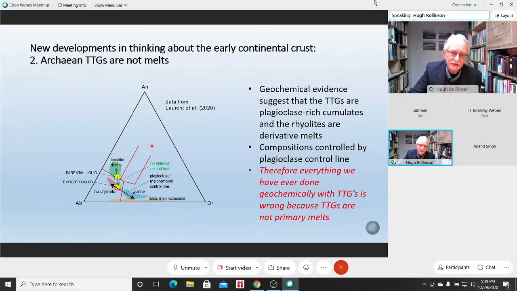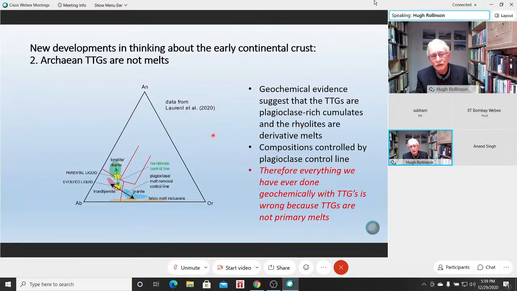The implications of this finding are that any TTGs that we look at may not be primary melts. In other words, they are derivative liquids representing plagioclase accumulates or hornblende-enriched accumulates from which a felsic melt has been extracted.